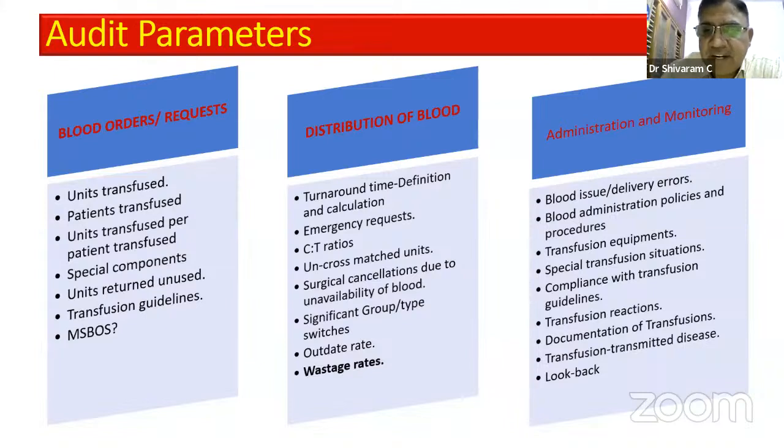Then you can also do a bedside transfusion audit to check whether the consent form is being filled properly, whether the transfusion record is being updated, whether there's a delay in transfusion beyond 30 minutes. So all these things could be audited. Your turnaround time, how much time the blood center took to give you the blood in emergencies and routinely. All these are auditable parameters. This is a very vast topic, so I won't take much time.